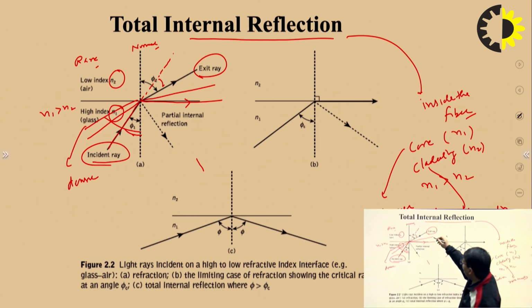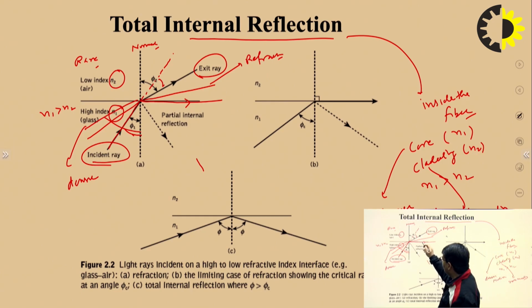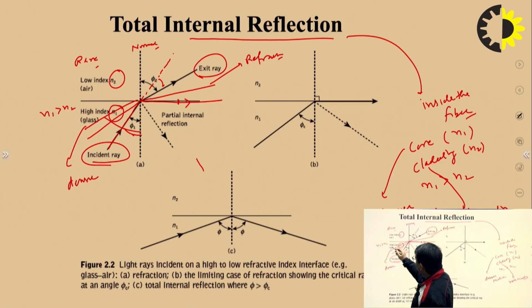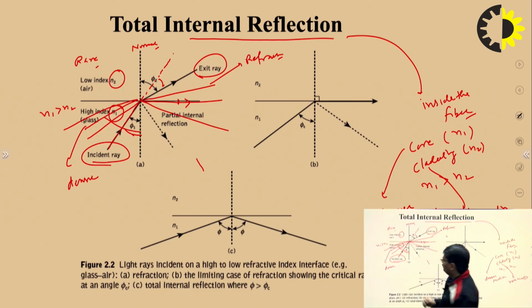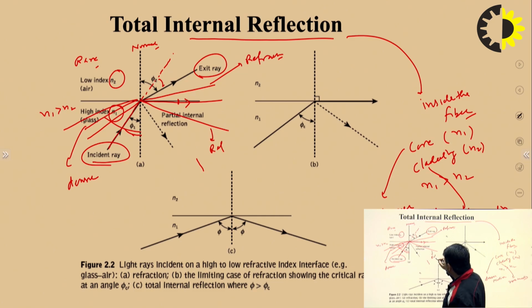Up to this point we were having refraction. Now we have the exit ray at the interface point, and if we increase the incident angle more than this angle, then the ray goes further away from the normal. In this case the reflection starts.